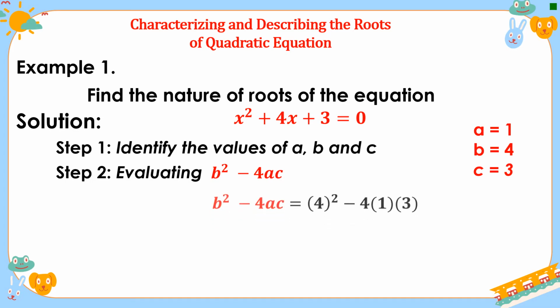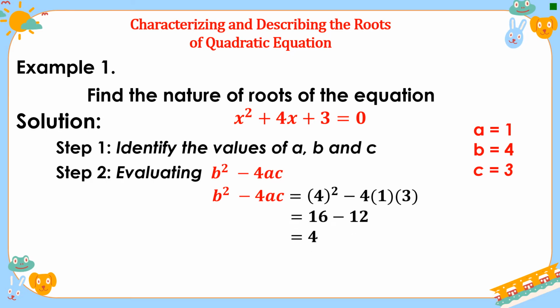So we have b squared minus 4ac is equal to 4 squared minus 4 times 1 times 3. Then, simplify. 4 squared is equal to 16 minus 4 times 1 times 3 is equal to 12. And b squared minus 4ac is equal to 4.